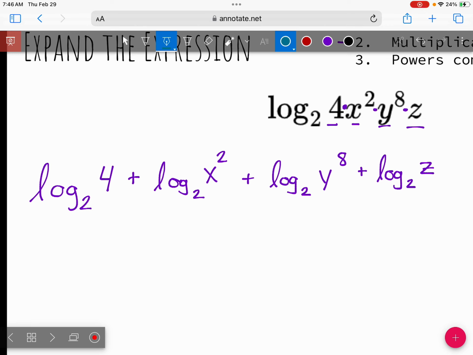All right, so we've done our multiplication becomes addition. Our next thing is that our powers come down to be coefficients. Anything that has a power is going to come down and be a coefficient.